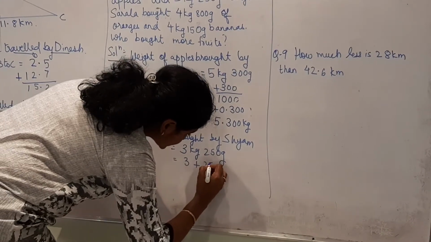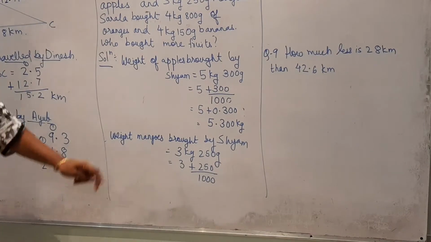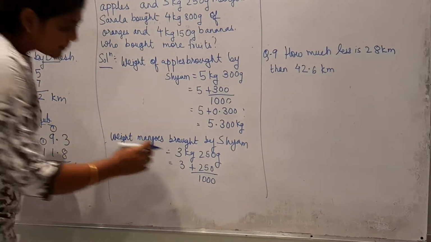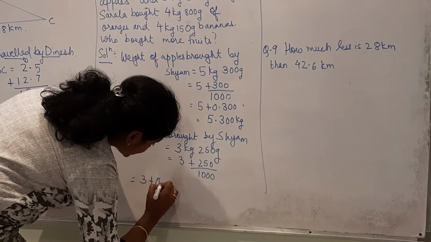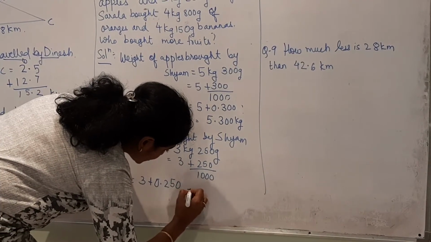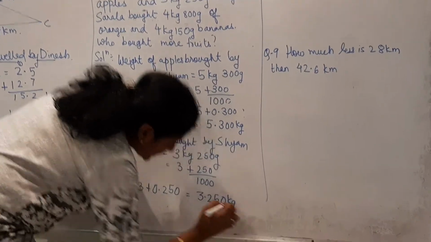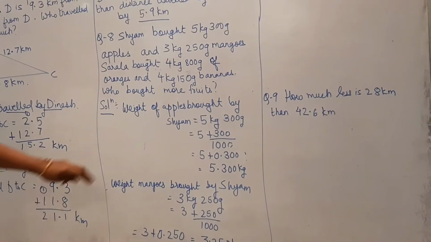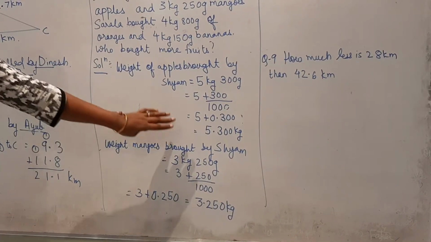So 3 plus 250 by 1000. I have divided by 1000, before 3 digits the point will come. So 3 plus 0.250 is 3.250 kg. So weight of apples and weight of mangoes I have found.